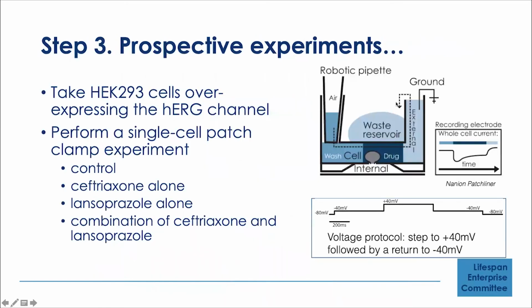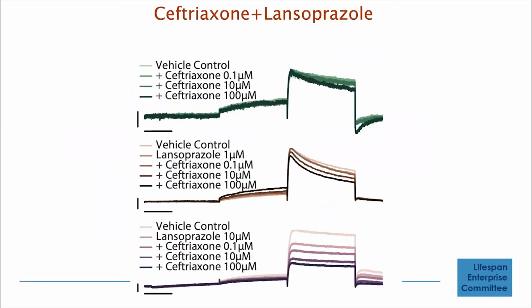Now that we have these two sources of evidence, it's time to go to our prospective experiments to validate that this interaction is occurring in cell lines. So we take these cells that are overexpressing an important ion channel called the hERG channel, and we expose them to a control. We expose them to each drug individually, ceftriaxone and lansoprazole, and then we expose them to the combination of ceftriaxone and lansoprazole.